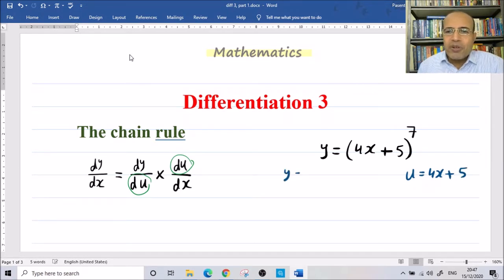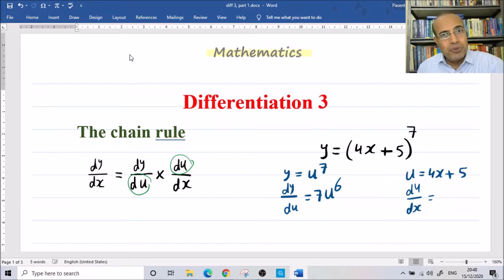Then y equals u to the power 7. Now by using the chain rule, what do we do? We find dy by du. So dy by du equals 7u power 6. What about du by dx? Differentiation of u with respect to x is 4.